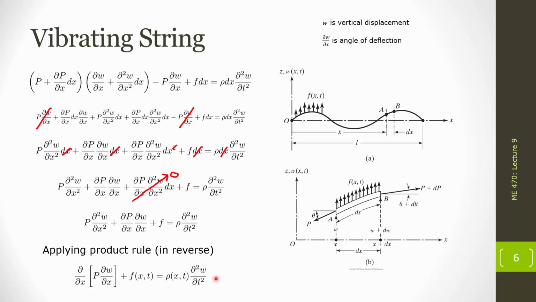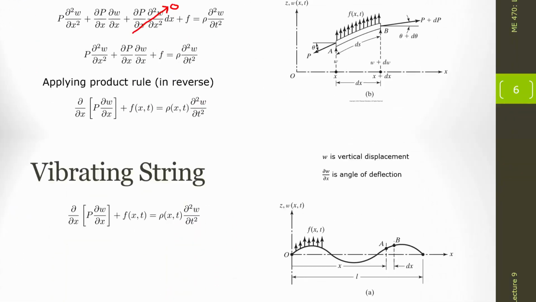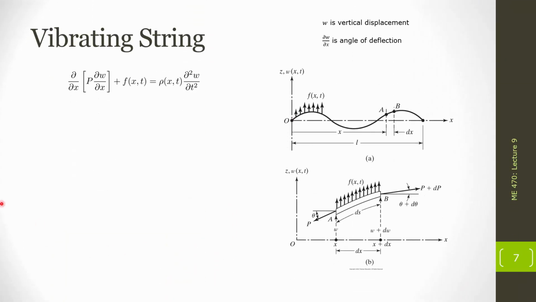So taking this, I'm going to make some limitations on how we can use this solution. I've already had a limitation that we were assuming small angles of deflection, but here I'm going to make some further assumptions. I'm only going to be analyzing strings where the tension is constant. And furthermore, we're going to have uniform material, and we are only in this course going to look at free vibrations.